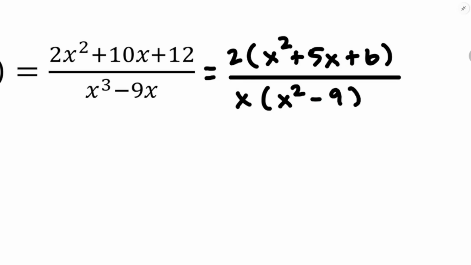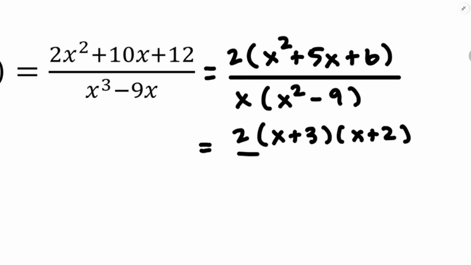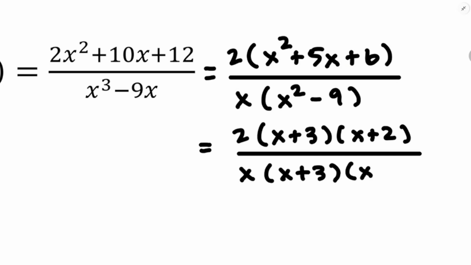Then the two things in parentheses can be factored as well. That would be 2 times the numbers 3 and 2, which multiply to 6 and add to 5. And x squared minus 9 is the difference of two squares, so I can write that as x plus 3 times x minus 3.